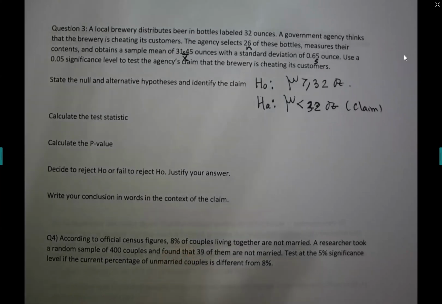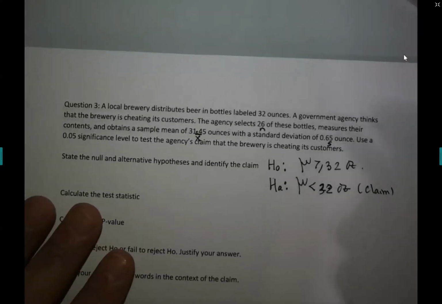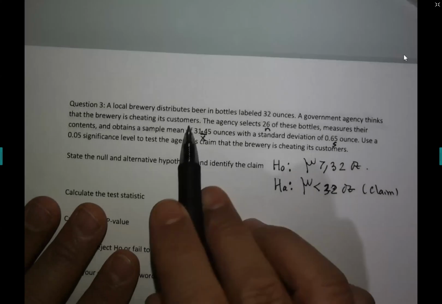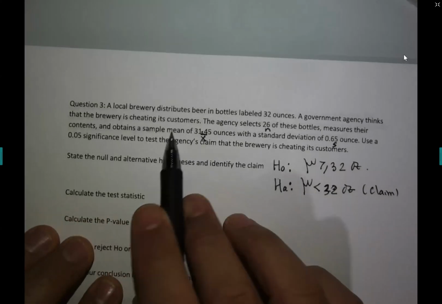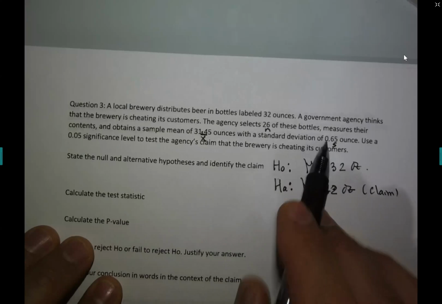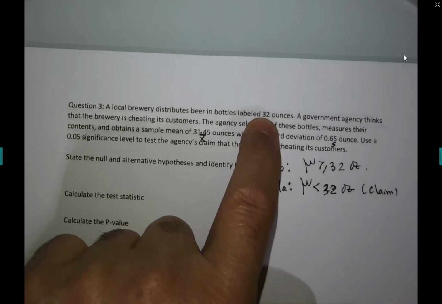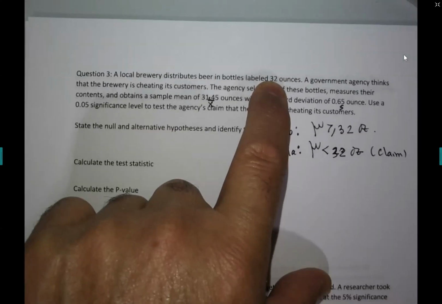Yeah, that's a percentage problem, so it's a proportion. Here it says they obtain a sample mean, so it's about the mean. A sample standard deviation, so it's all about the mean, not about a weight. When he gives you a number other than the percent, it's the mean, it's not the proportion. So it's a t-test, guys.